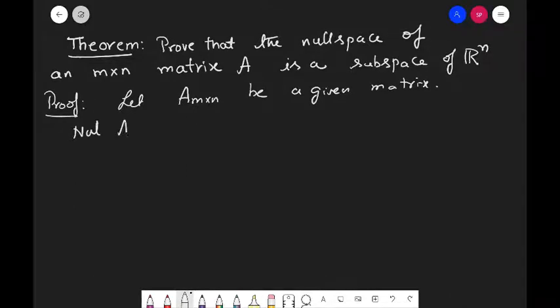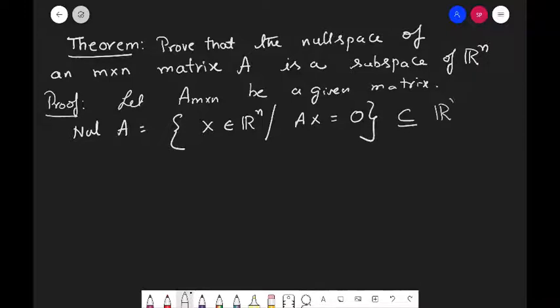Null A is equal to the set containing vector x, where x belongs to Rn, that means it will be with n rows, such that it should satisfy the condition Ax is equal to 0. So in this set null A, all the vectors from Rn which satisfy the equation Ax is equal to 0. So this will be obviously a subset of Rn.